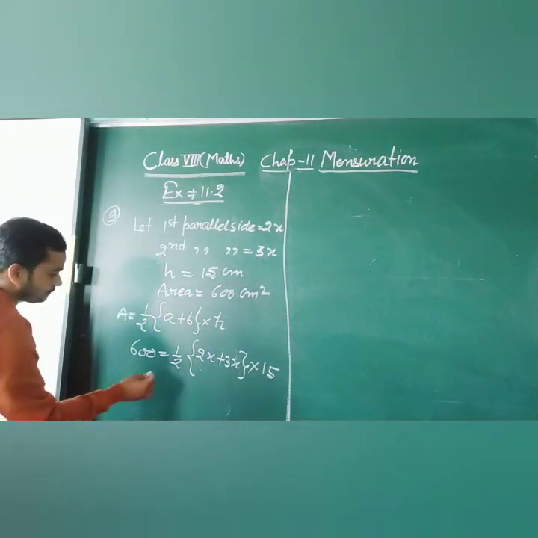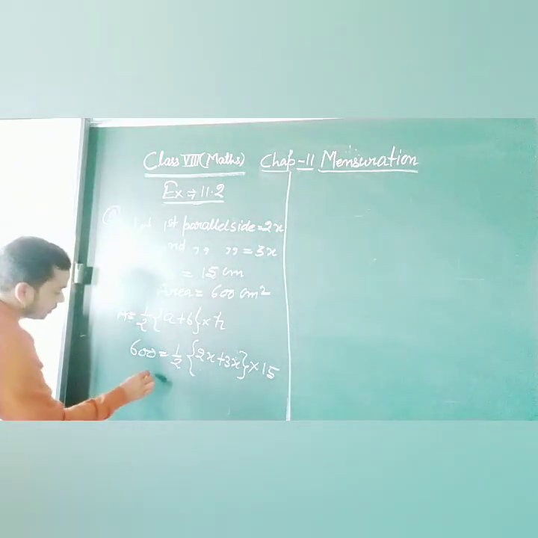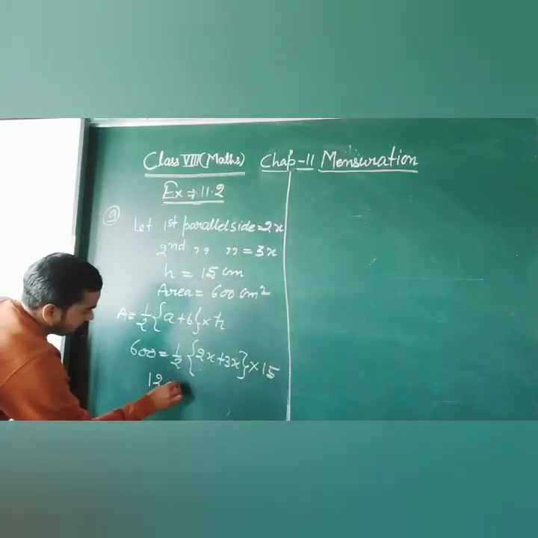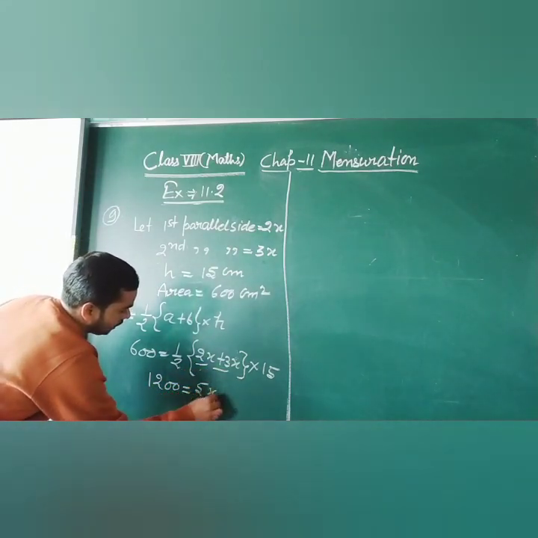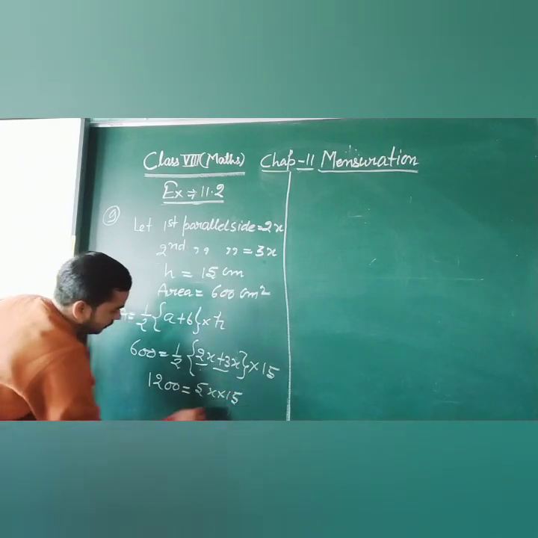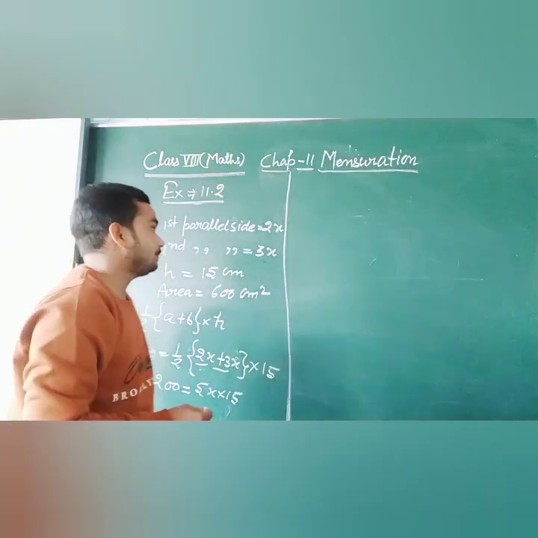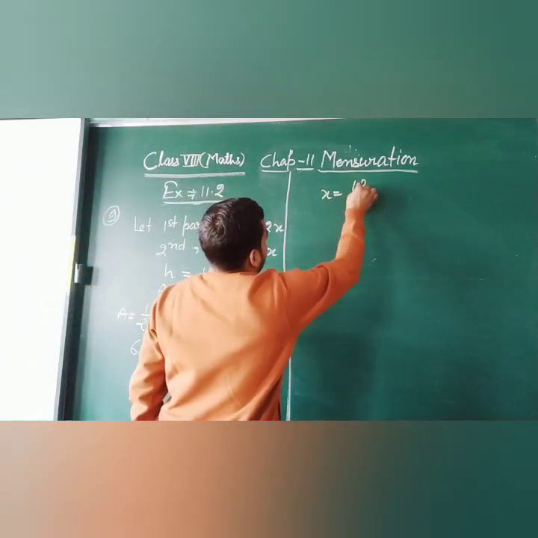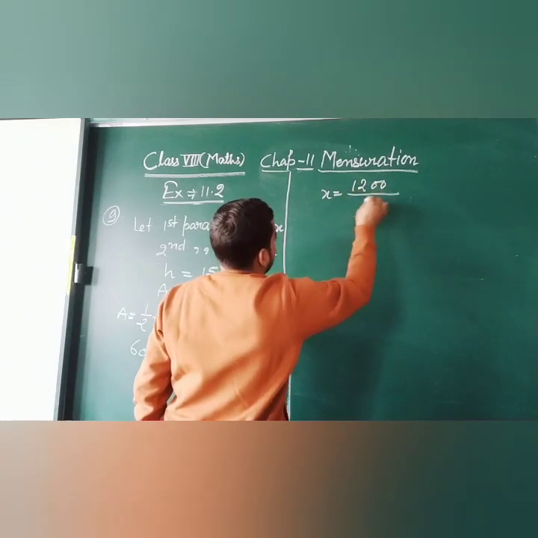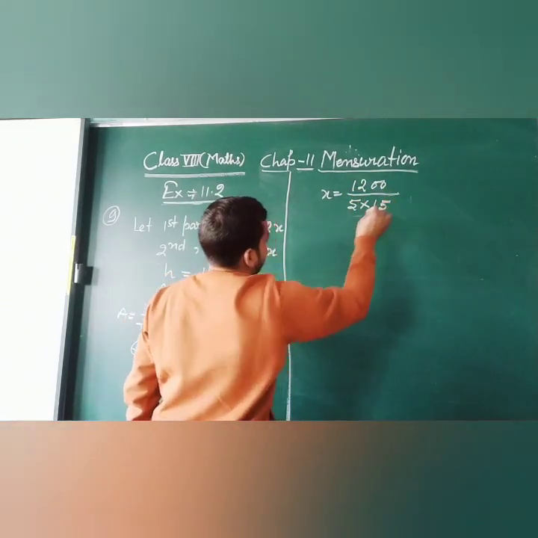Then solve. So 600 into 2 is 1200, equal to 2x plus 3x which is 5x, so 5x into 15. 1200 equal 5x into 15. So x equal 1200 upon 5 into 15.